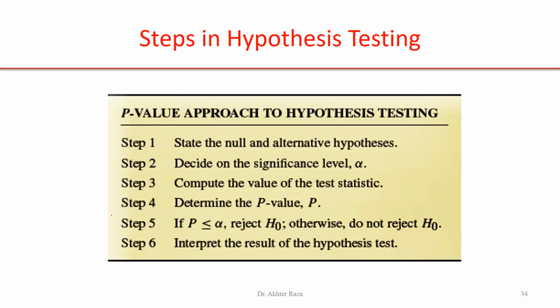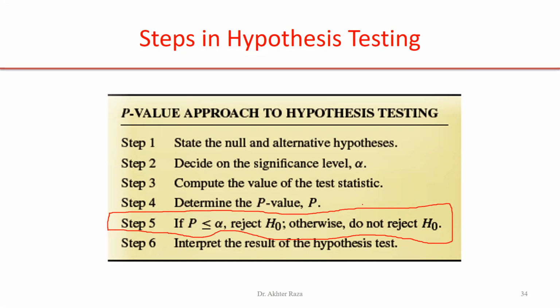This is a very important point, which we generally use in decision making. How to take the decision if you have the p-value, as the p-value is generally provided by the software if we are solving the problem in SPSS or some other software. We have a p-value and we have alpha, the level of significance.